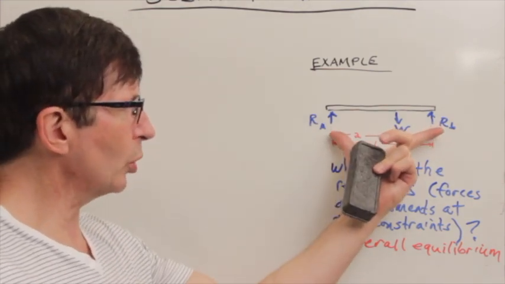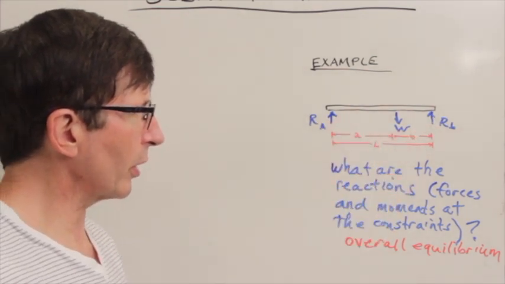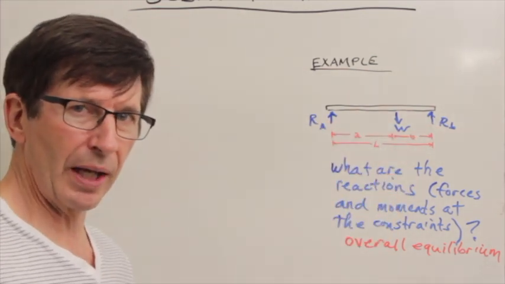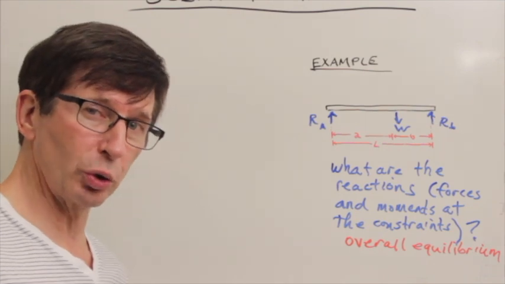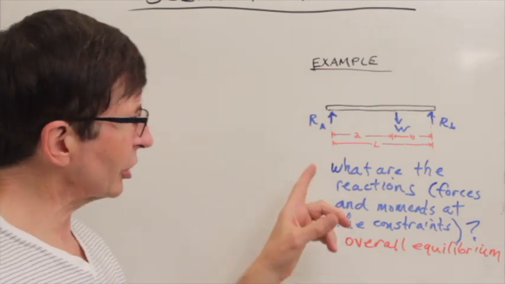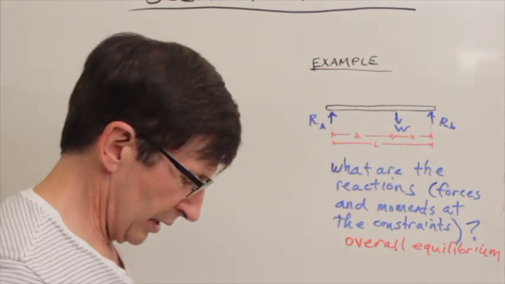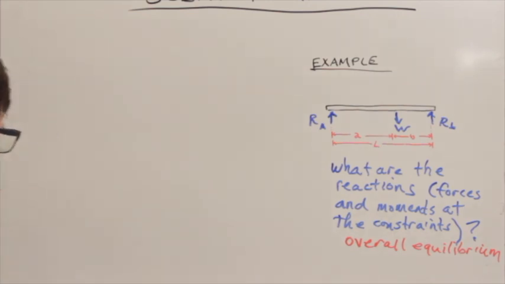But we've got two unknowns and only one equation. We need another one. The other equation is going to be a judicious choice of our moment, just like we did in the last chapter, in order to get at what these values are. So let's write those equations.